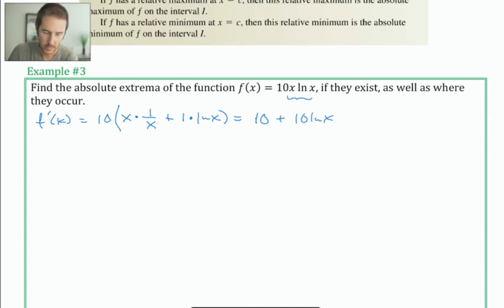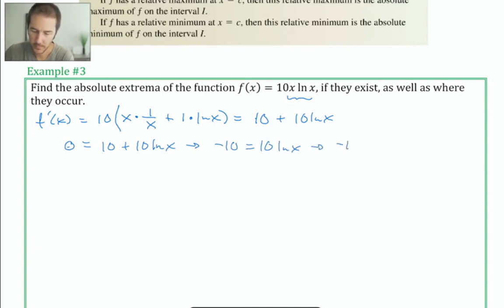How about 0 equals 10 plus 10 natural log of x? And I'll subtract 10 from both sides. And I'll divide both sides by 10. And now we need to solve for x finally.